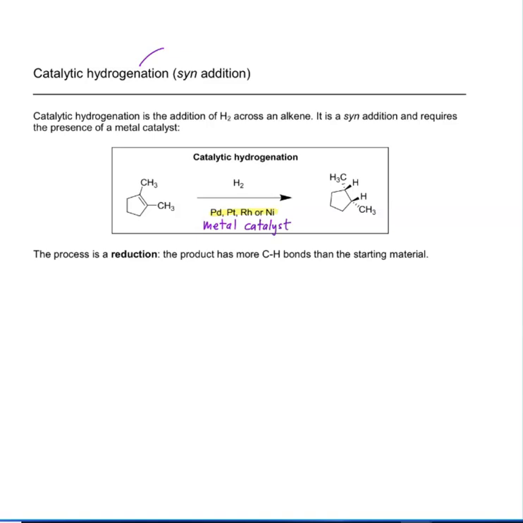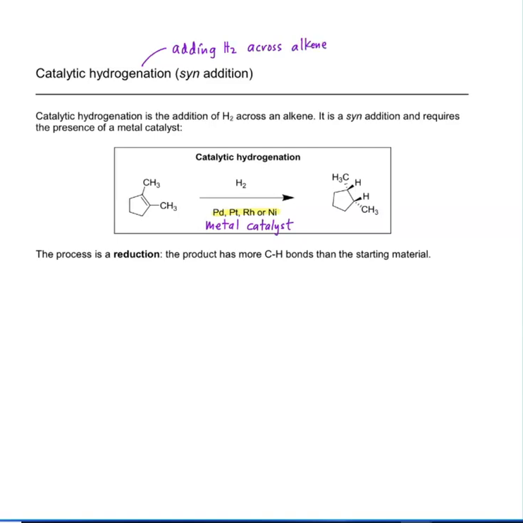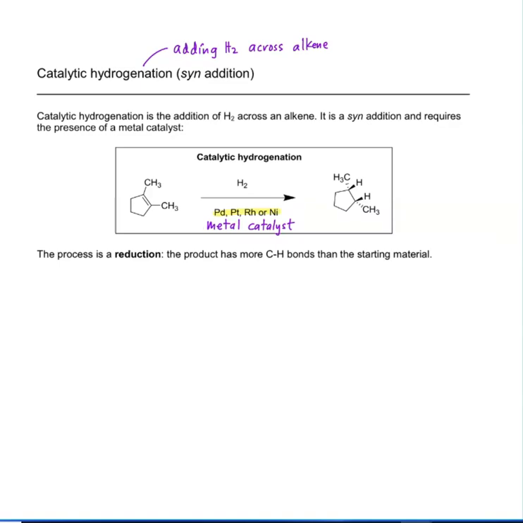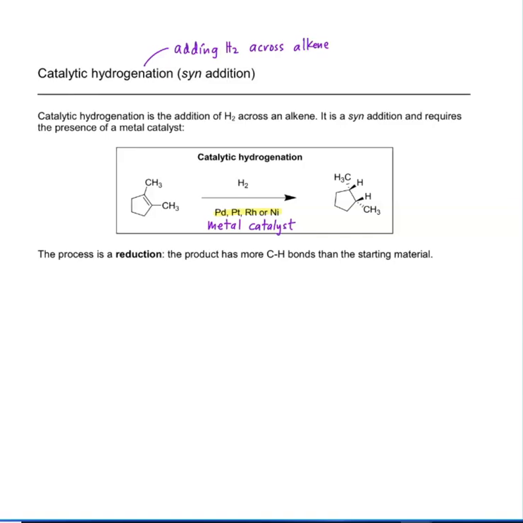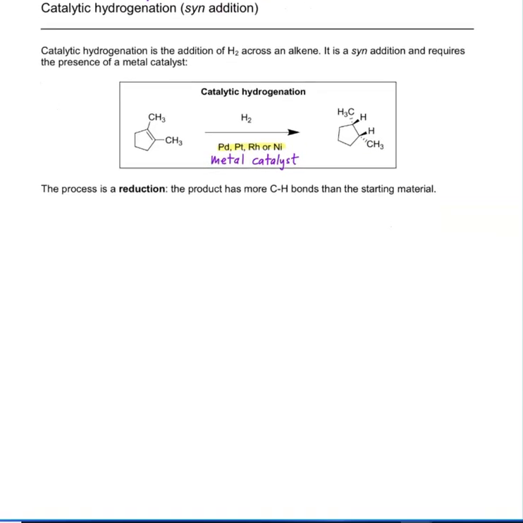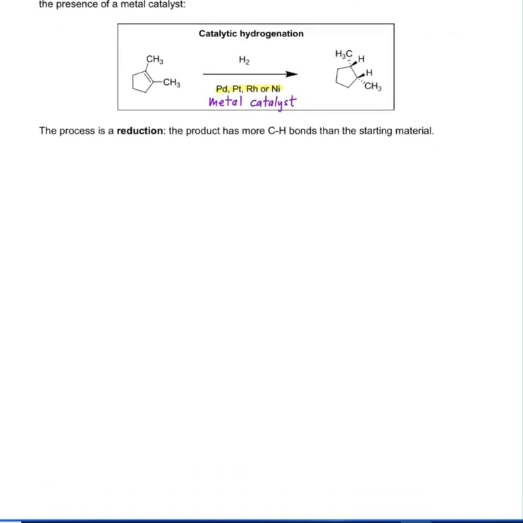Hydrogenation itself refers to adding H2 across an alkene. This is a reduction because the product has more carbon-hydrogen bonds than the starting material does. We're not going to look at a mechanism, but we're going to talk briefly about how you would conduct this, and we'll look at an example of predicting a product.